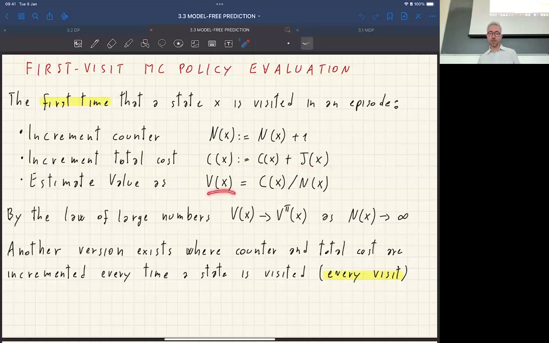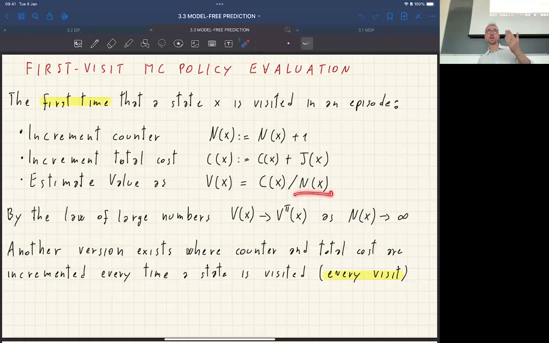And then you can update your estimate of the value of that state, which is again a vector with one element for every state. You find the element corresponding to the state you just visited, and you update that by simply computing the ratio between the total summation of the cost to goes divided by the number of times you have encountered that state. It's an average.